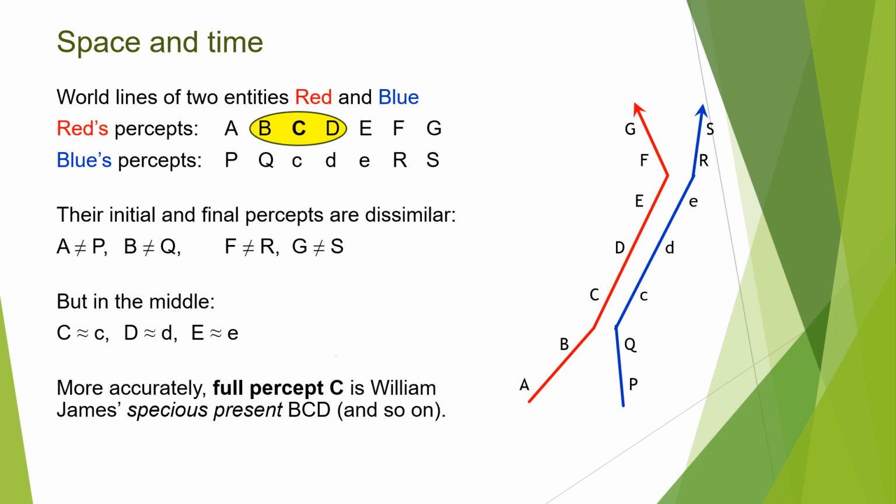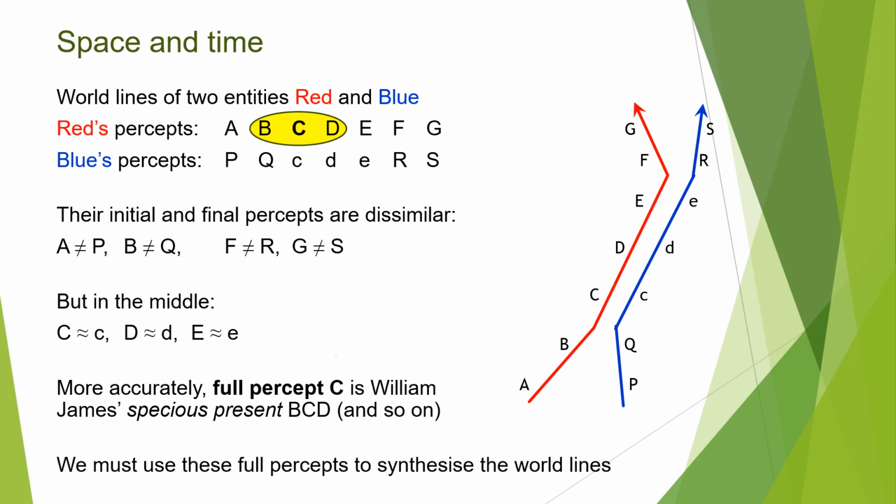More accurately, full percept C is William James's specious present BCD. It contains a memory of at least one previous event and anticipations of one or more future events. It's difficult to show all such full percepts because their overlaps would confuse the sketch.